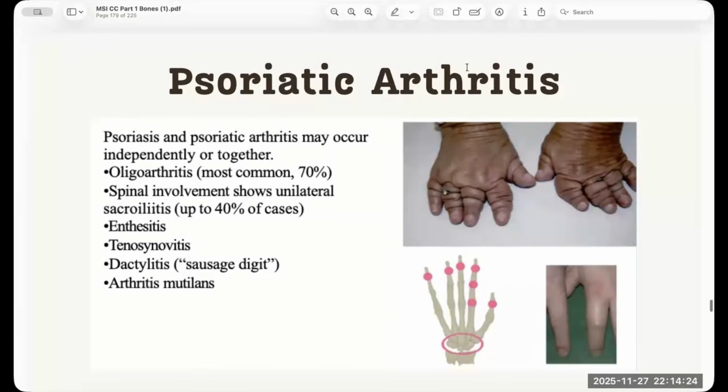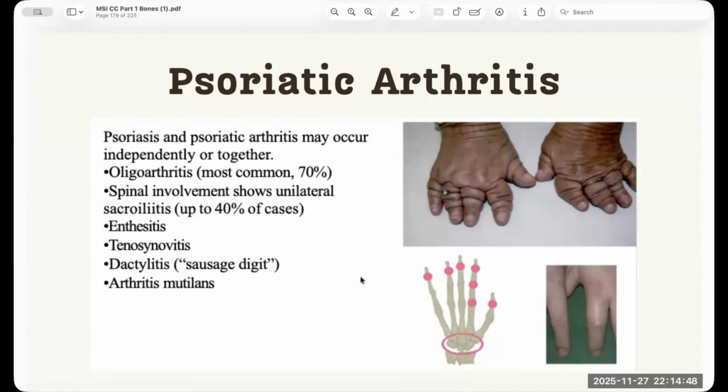Psoriatic arthritis is generally arthritis or inflammation of the joint along with psoriasis. Okay? It usually shows in 2 to 4 joints. There's spinal involvement in up to 40% of the cases.